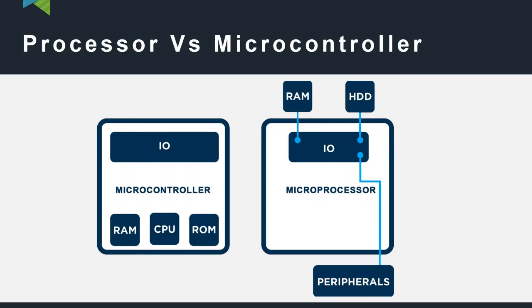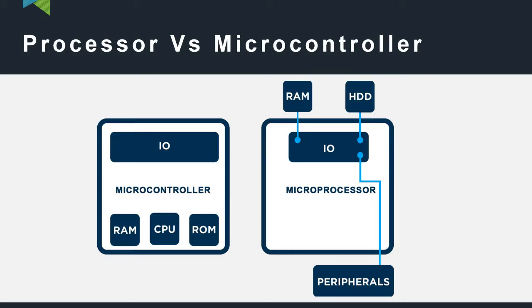Let me show you some examples. With a microcontroller, you can control some motors and make a toy car out of it. But if you would like to put in image processing or artificial intelligence vision for self-driving cars like Tesla, you need to use a microprocessor to do the processing tasks.